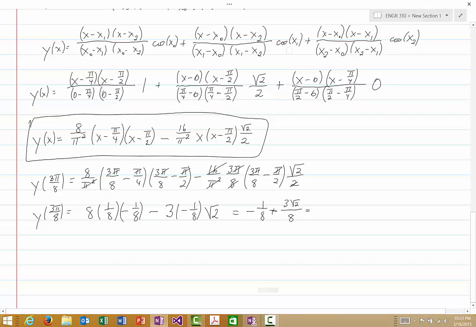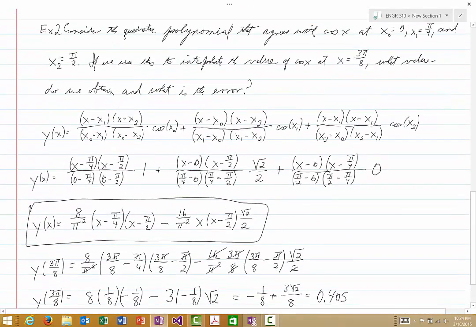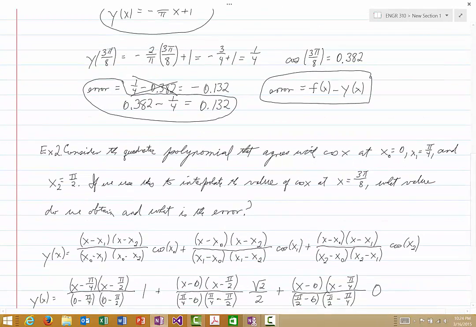Okay, so when I do this calculation, I am getting 0.405. So this means that y of 3 pi over 8 is equal to 0.405, and therefore the error, and remember now we're going to define the error to be, as we said right here, f of x minus y of x.